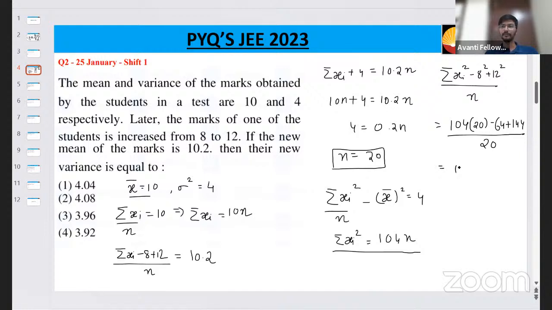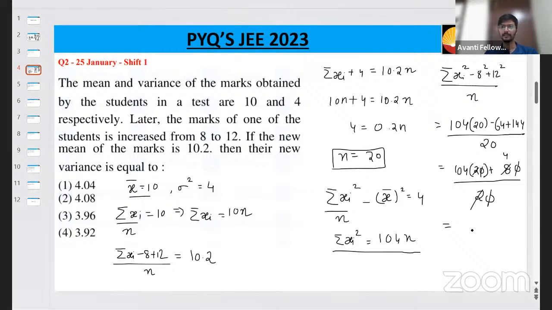So that means 104 into 20 plus 80 upon 20. We can cancel out the zeros. We can cancel out the 2's as well. So we got, did we make a mistake? I think we did some calculation error, guys.